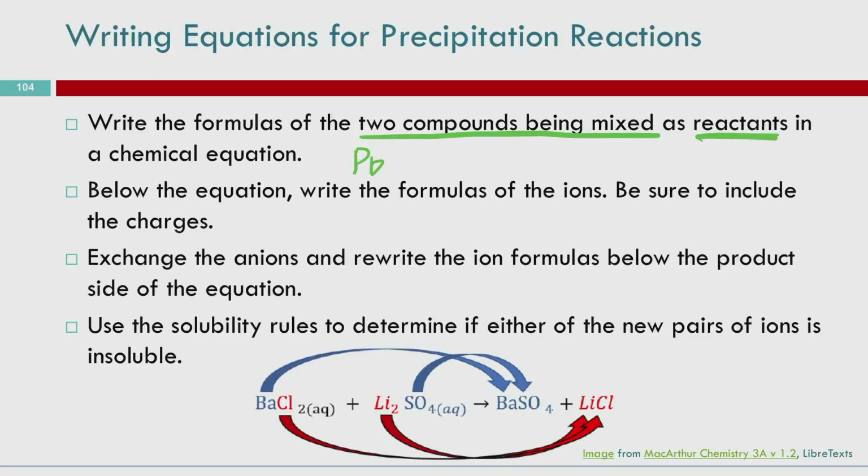So that would have been the Pb(NO3)2 and KI as our reactants. And then we would split those into ions. Pb2 plus, NO3 minus, K plus, I minus.